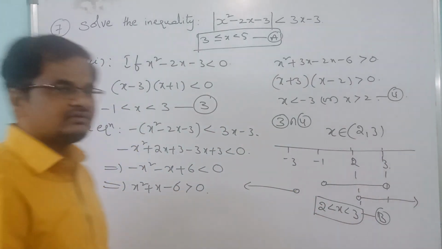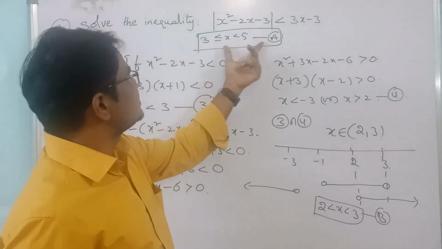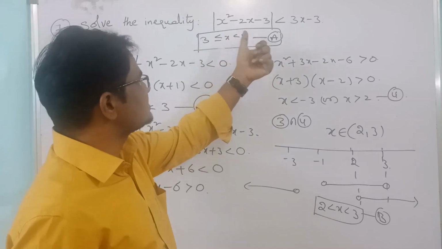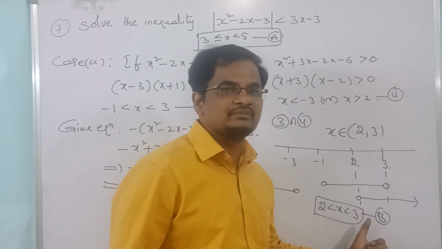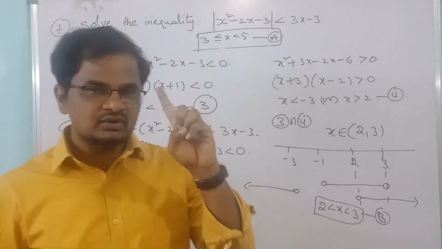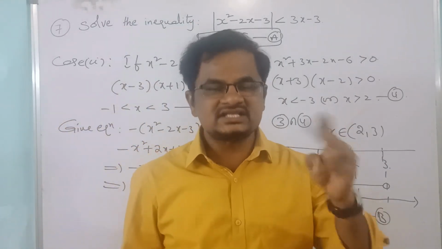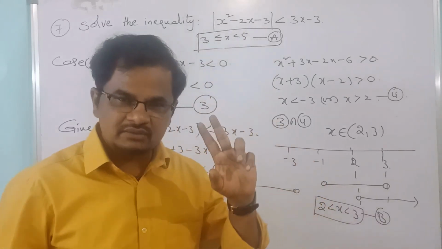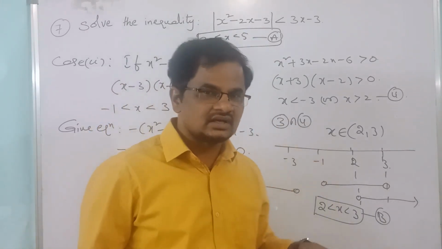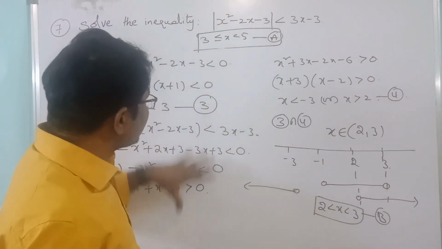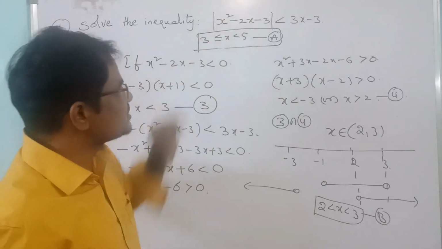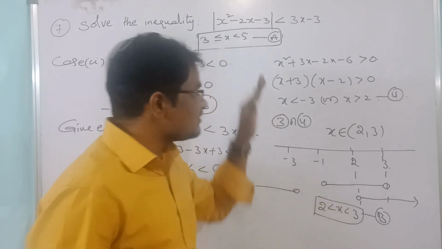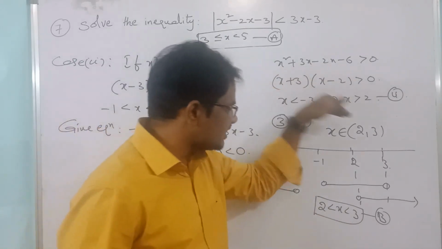So from case 1, we have 3 less than or equal to x less than 5. From case 2, 2 less than x less than 3. In case 1, the intersection of equations 1 and 2; in case 2, the intersection of 3 and 4. A means these are the solutions from case 1, and B is the intersection of 3 and 4.